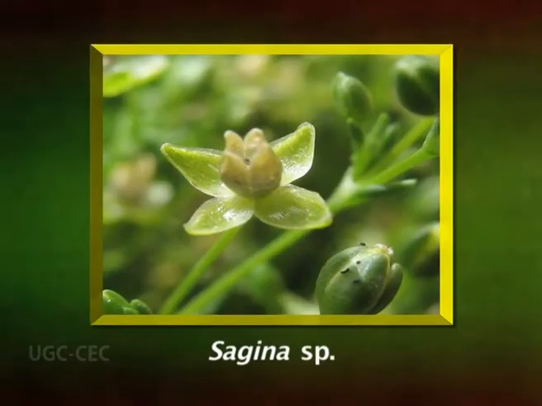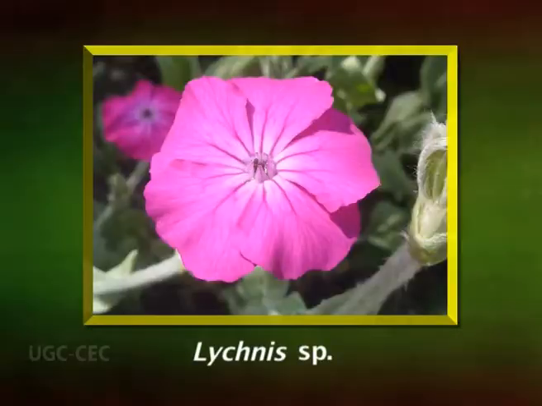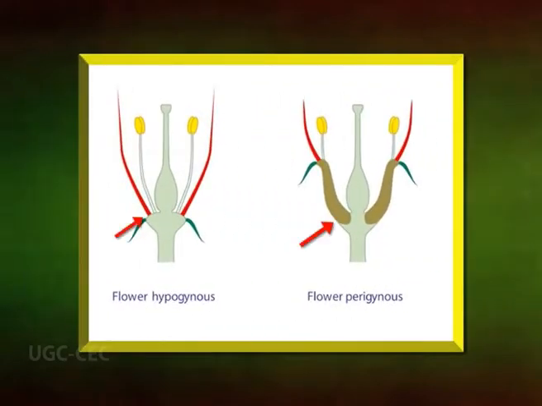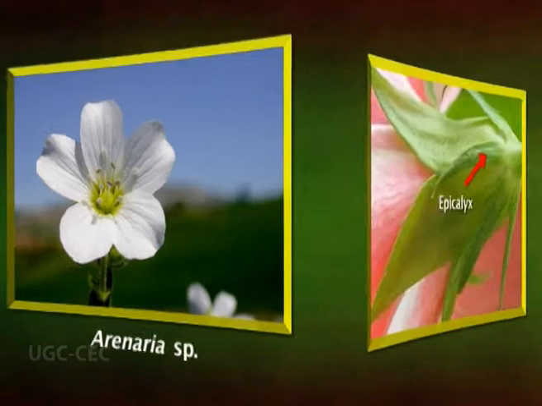But the flower is sometimes tetramerous also, as we can see in Polycarpon. They are mostly bisexual or rarely unisexual, as we can see in Lychnis. Flowers are mostly hypogynous or very rarely they are perigynous, as we can find in Arenaria.